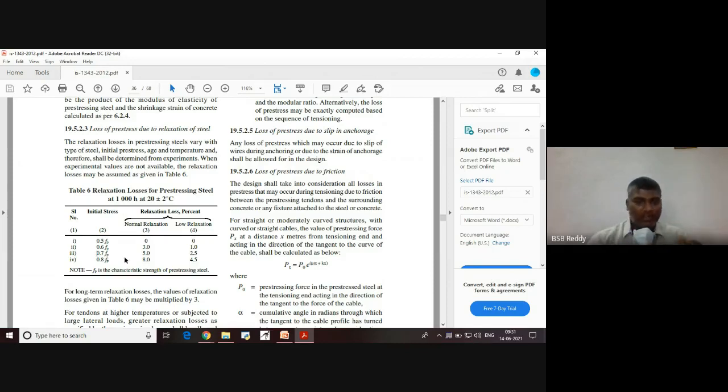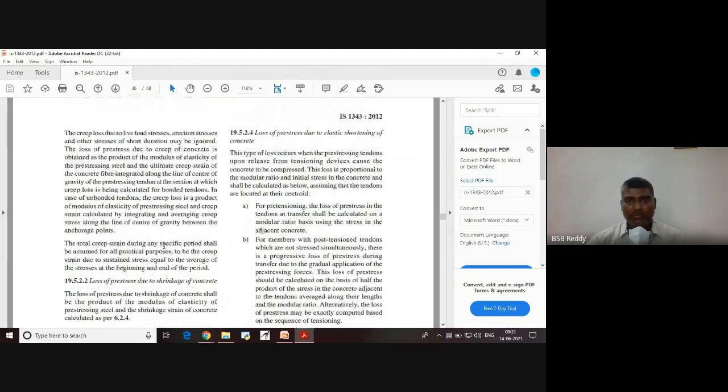That is 700 into 5 by 100. So that's how you straight away calculate the relaxation loss with a simple tabular value. That is about how to calculate relaxation loss.